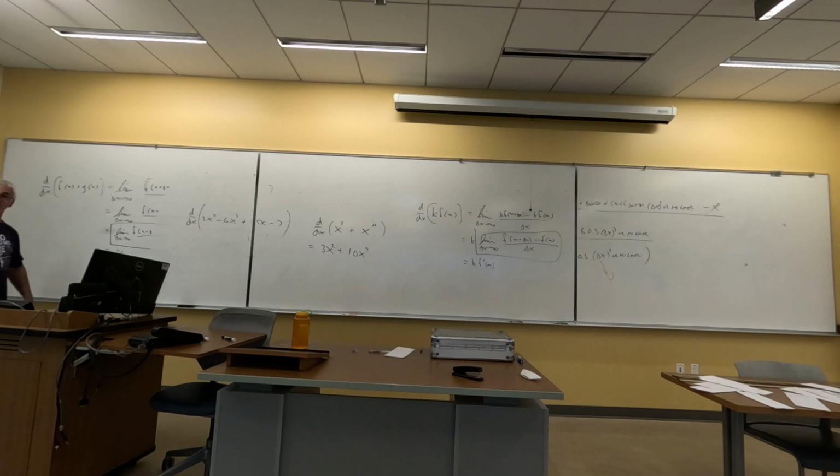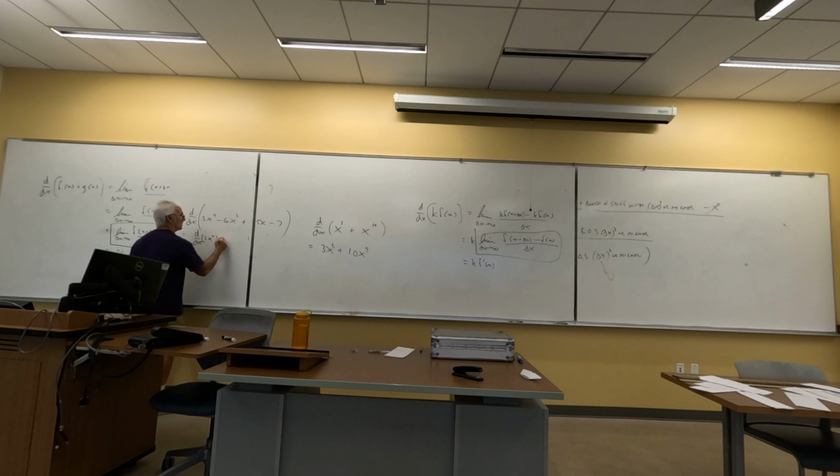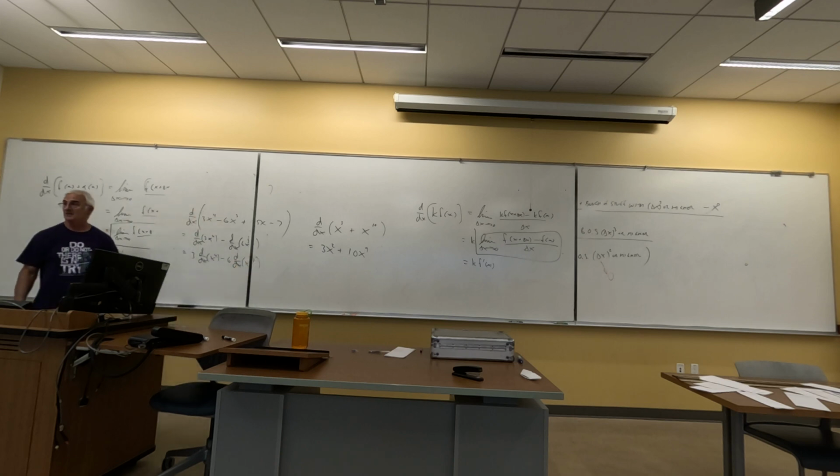It is absolutely correct to do the following. It is absolutely correct to say, and this equals the derivative of 3x to the fourth minus the derivative of 6x cubed and so on. And then to rewrite this as 3 times the derivative of x to the fourth minus 6 times the derivative of x cubed. This is absolutely correct.